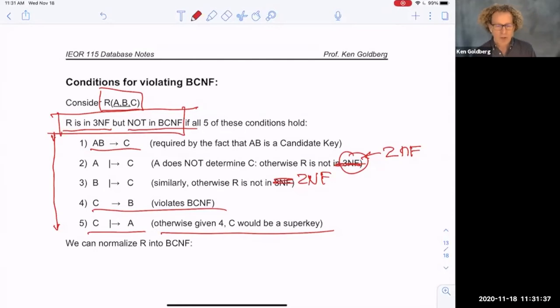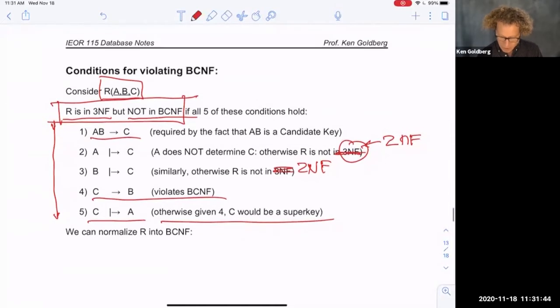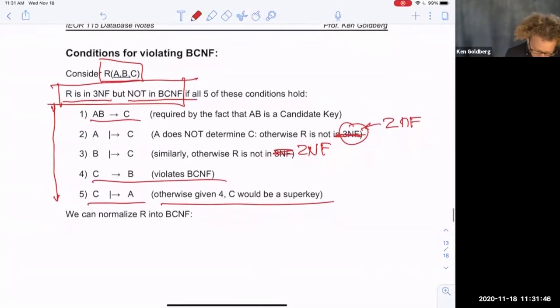Okay, so let's go on, and you can study this again later and look at it some more. But basically, we can normalize this relation and make it into Boyce Codd normal form.